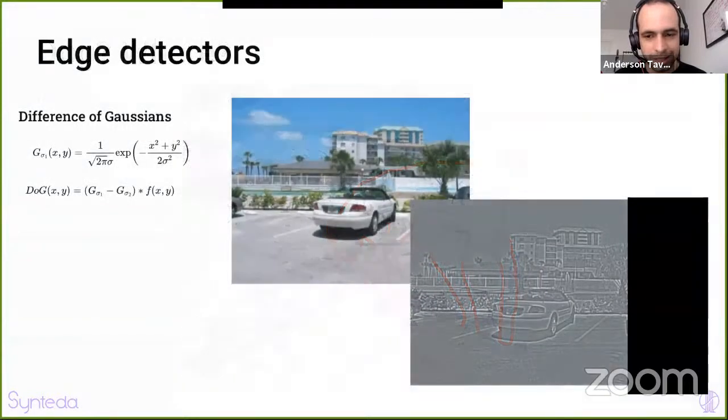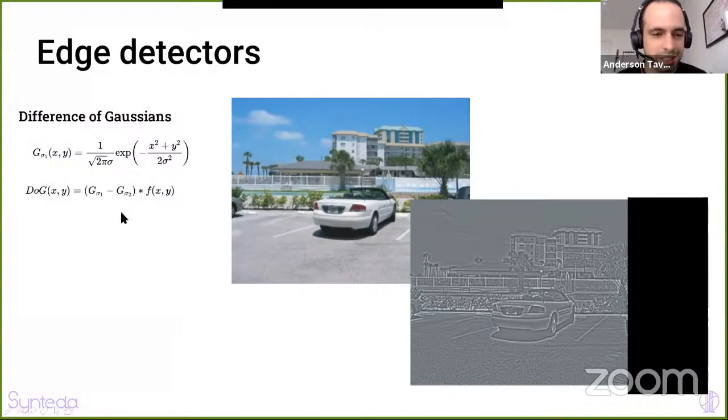Yeah, so this motivated us to create also edge detectors when trying to detect objects in our images. One of them is the difference of Gaussians. It's interesting because the output mimics what happens in our brain and what happens in the receptive field of the ganglion cells.